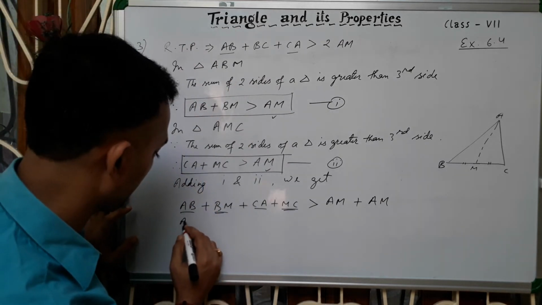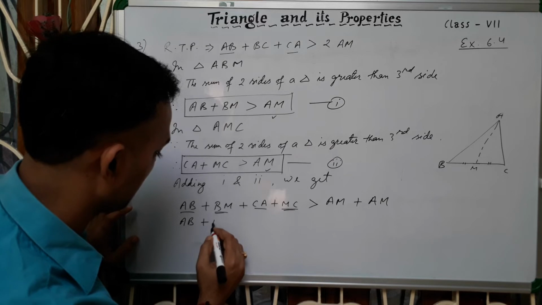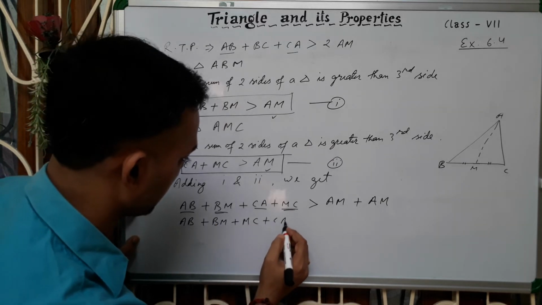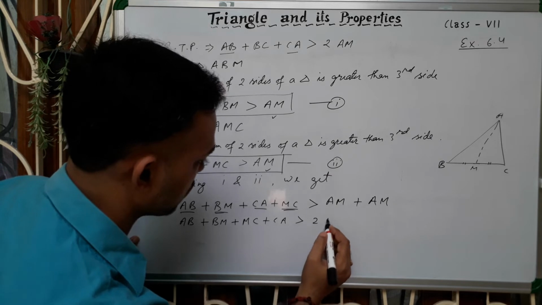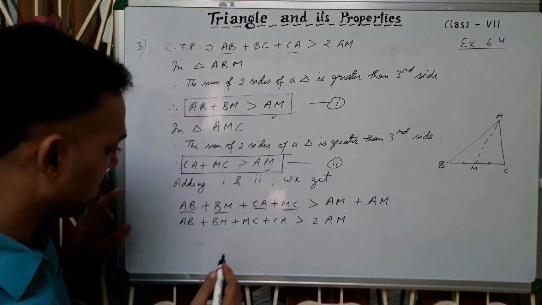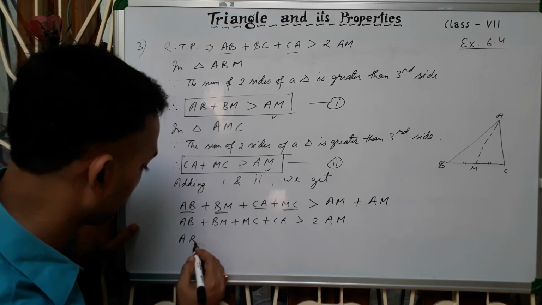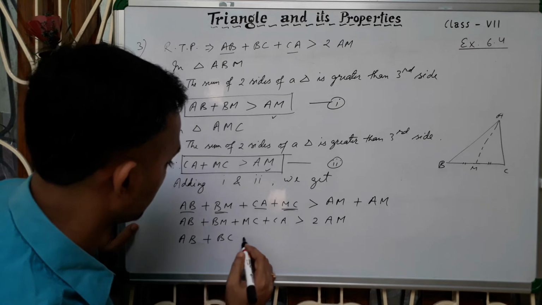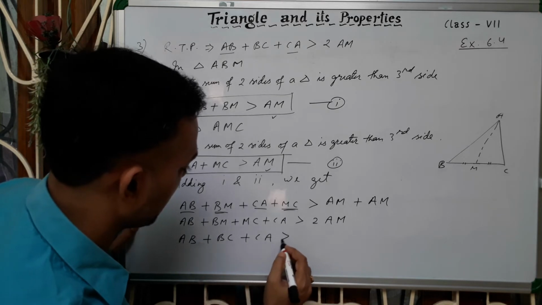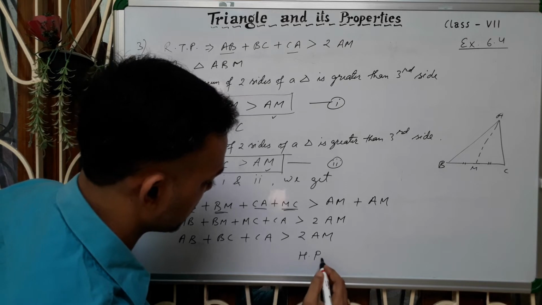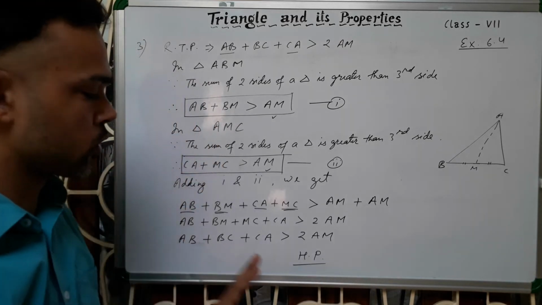So if you are arranging them, then BM plus MC plus CA is greater than 2AM, you can write. Okay, now this will be AB plus BM plus MC is equal to BC plus CA is greater than 2AM. Okay, so in this way you have proved, so hence proved.